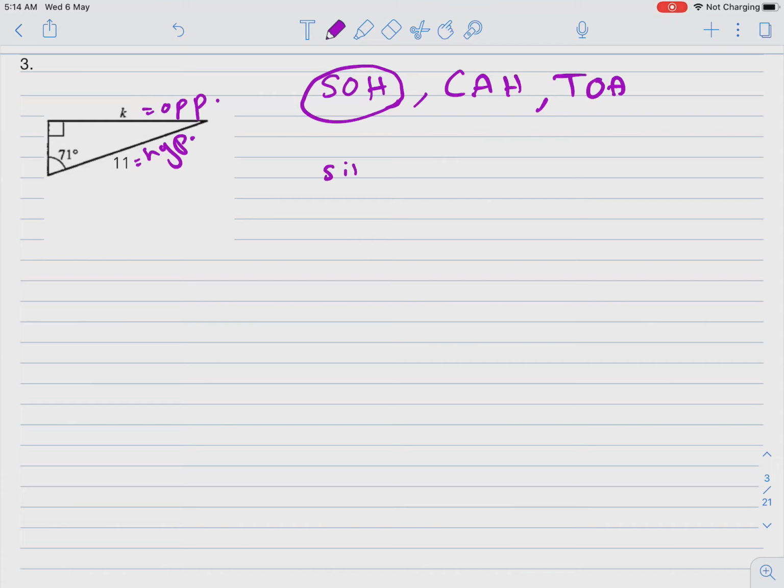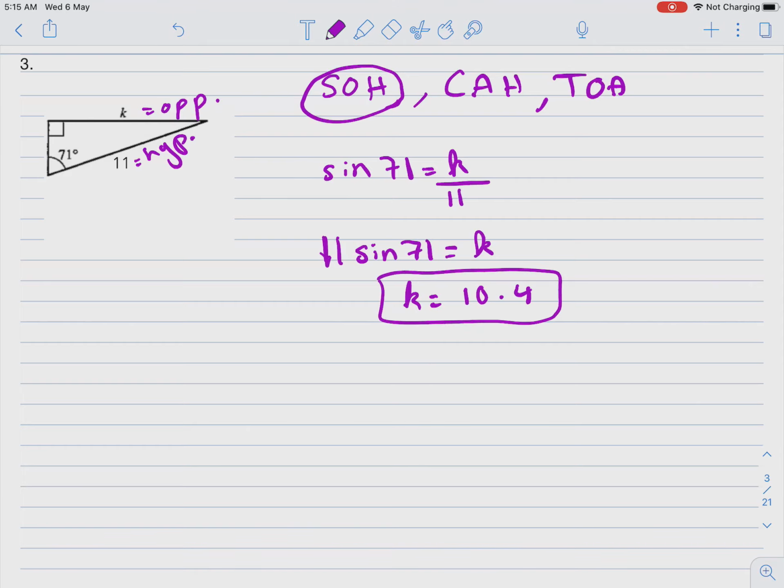So I say sine 71 is equal to k over 11. Then 11 multiplied by sine 71 is equal to k. Then I calculate. So 11 sine 71 is equal to k, which is 10.4, correct to 3 significant digits.